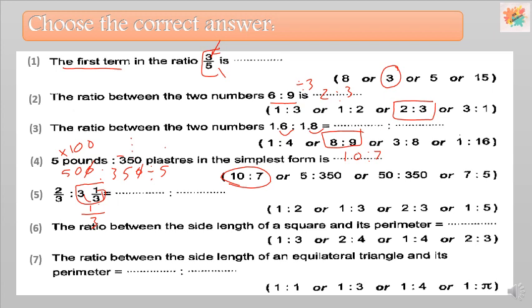And in the next number you have here 2 over 3. After that, when you see the same denominator 3, you can cancel it, so it will be 2 to 10. After dividing by 2, the answer will be 1 to 5. So be careful, I cancel only if the denominators are the same; as for the numerators, we do cross multiplication.